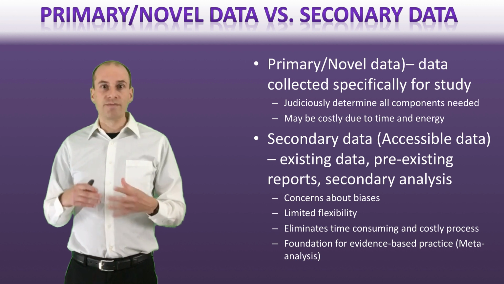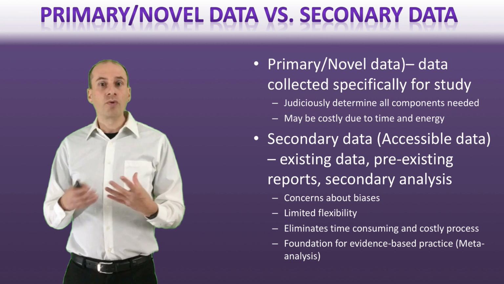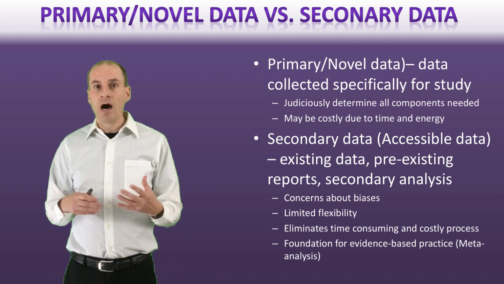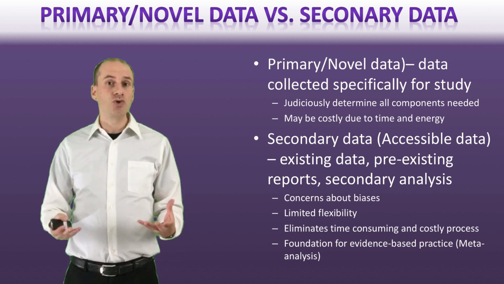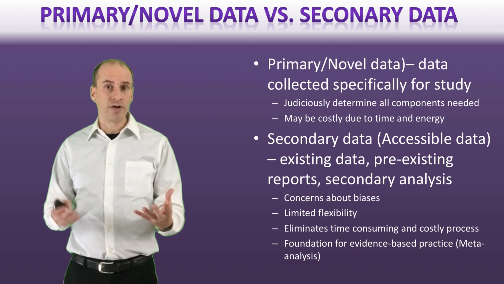Of course, there are concerns about those categories to begin with, but the point is that you don't always know how well different types of information were collected. You have less flexibility because you don't get to choose what information you're collecting. You're using the information that other people have already produced.